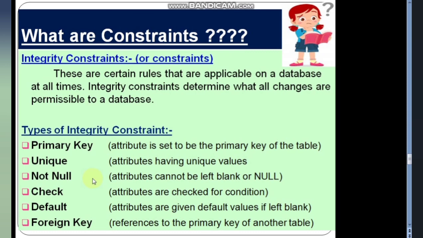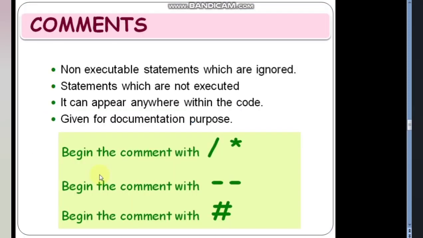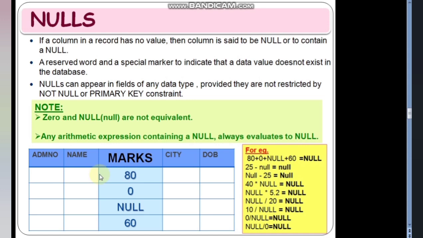So suppose you have made name unique, the name column unique. Then all the names will be unique. But suppose you don't want to give any name to a certain record, you can provide null value.